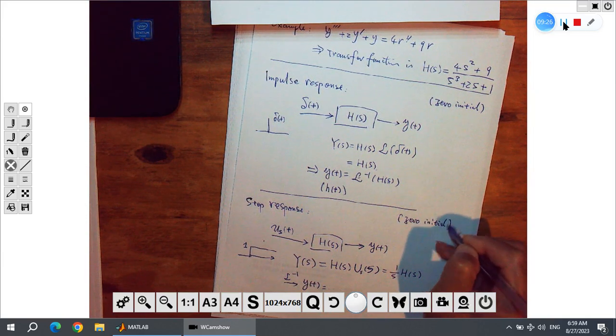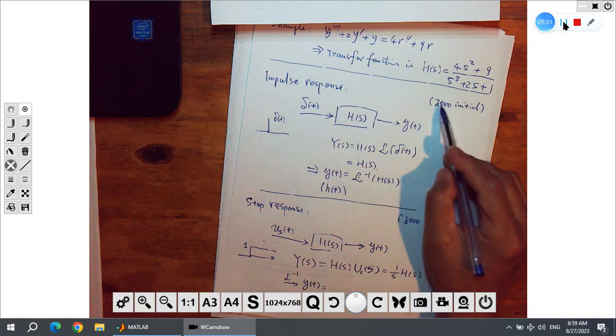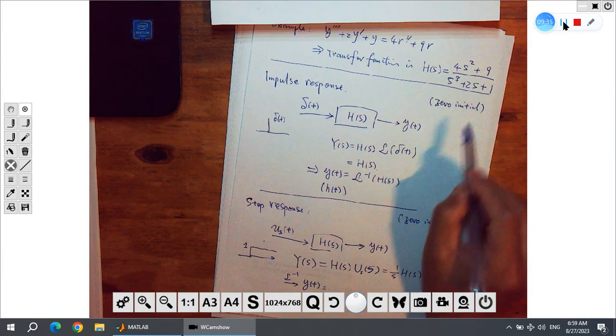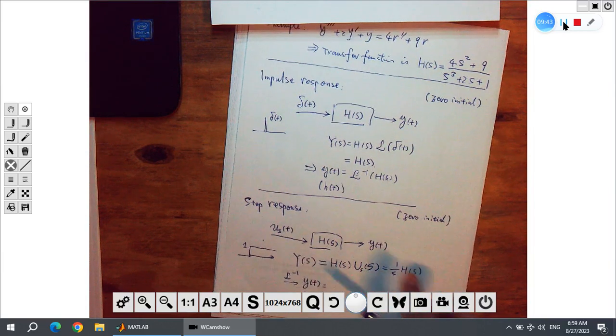When we say impulse response, we suppose the system has zero initial conditions. The step response is also always for the case of zero initial condition, so we can find them in this way. Now we can have a look at how it looks.